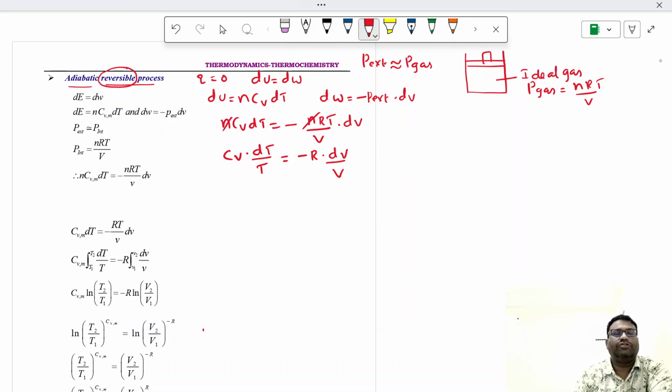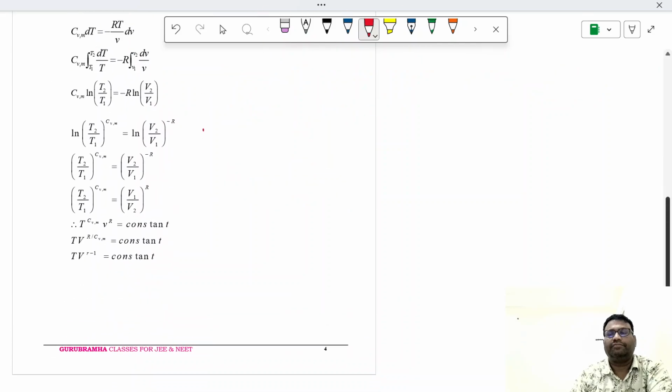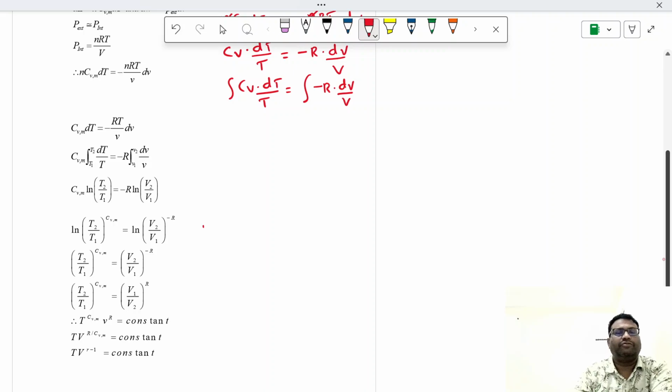So both sides we have differentiation, we can integrate it. On integration, integrating Cv dT by T is equal to integration of minus R dV by V. What do we get?